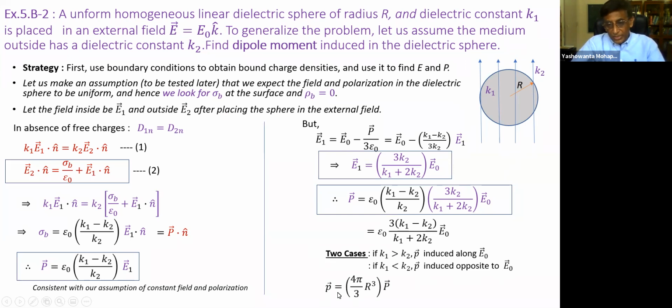Of course, this is the uniform polarization, and hence the total dipole moment will be simply 4 pi by 3 r cube times P. In each case this will be true, and I would ask you as a task to use this and carefully plot the field lines for both cases, when K1 is greater than K2 and K1 is less than K2.